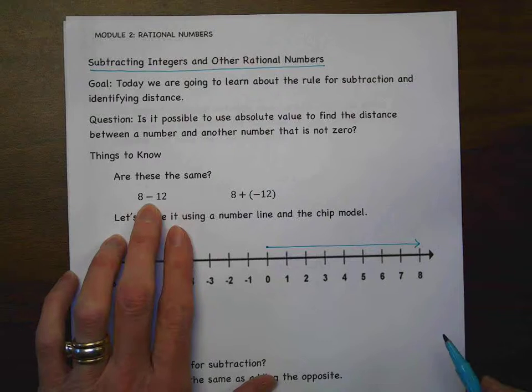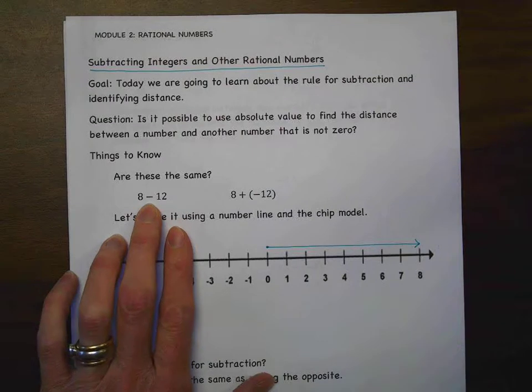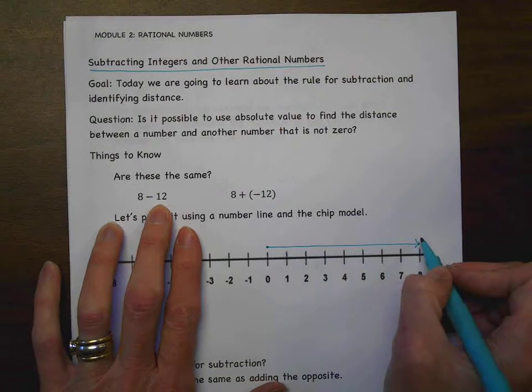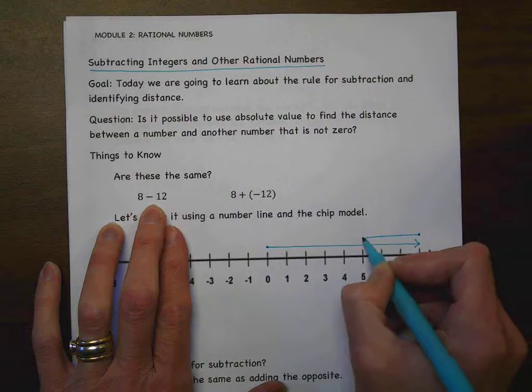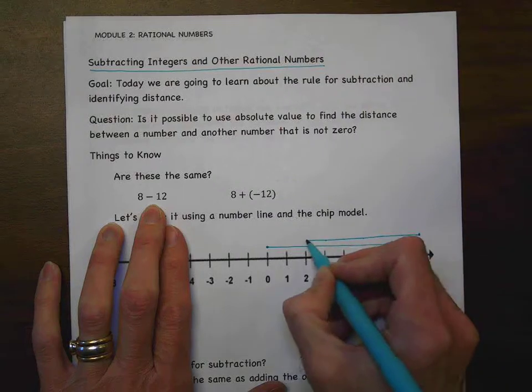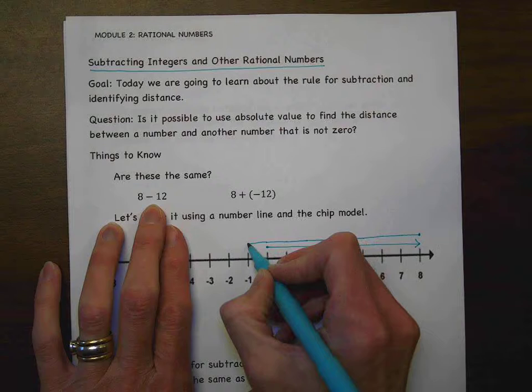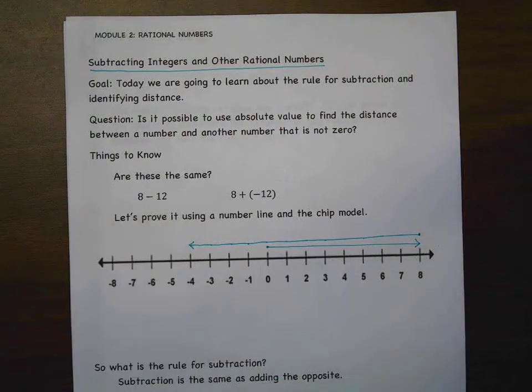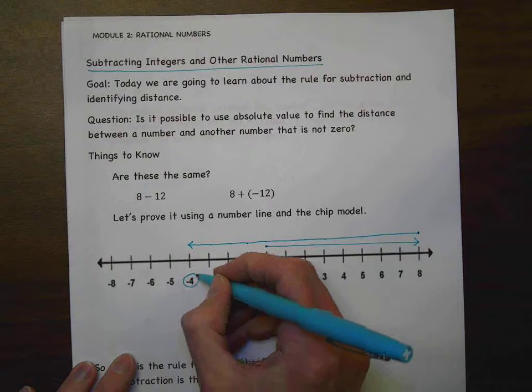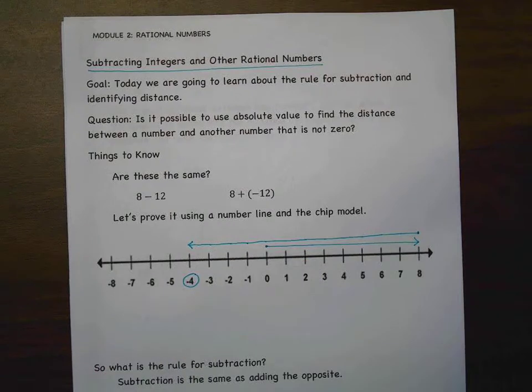Taking away is the same thing as moving back on the number line, so I go 1, 2, 3, 4, 5, 6, 7, 8, 9, 10, 11, 12. If I take away 12 of them, I end up right here with an answer of -4.